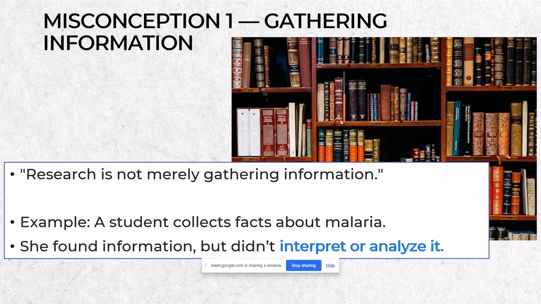We didn't get any analysis or interpretation. That was just gathering information.